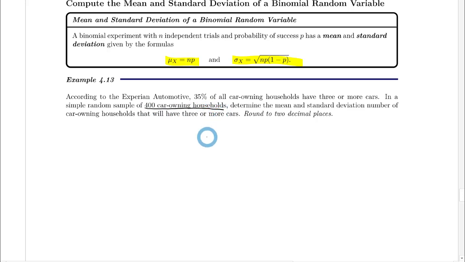So now our trials have increased, right? The first thing we want to note is that the fixed number of trials is now 400, and our probability of success is still 0.35. If I find the mean with respect to this random variable, that would just be 400 times 0.35, which is equal to 140.